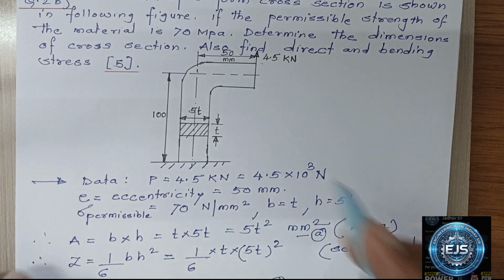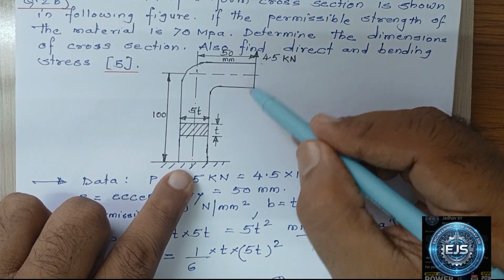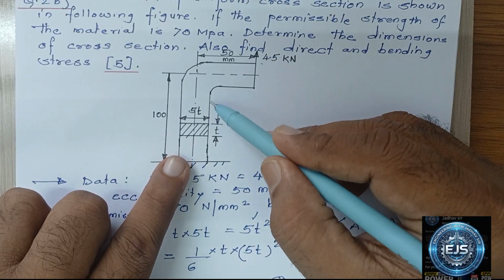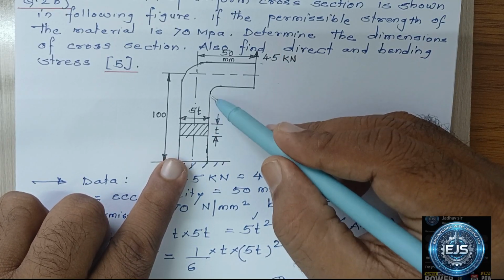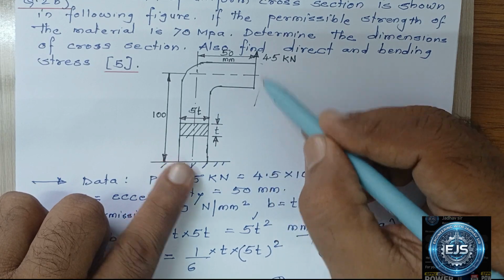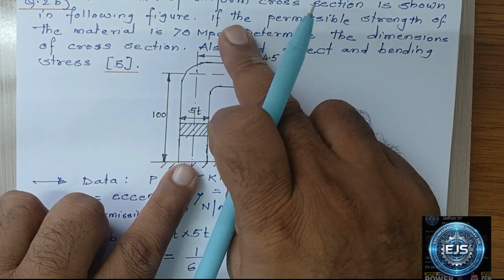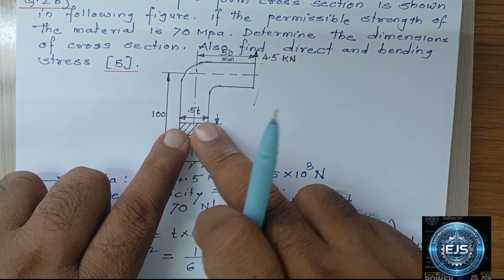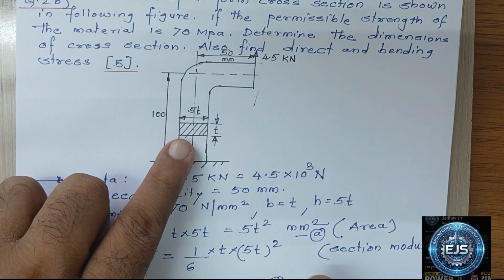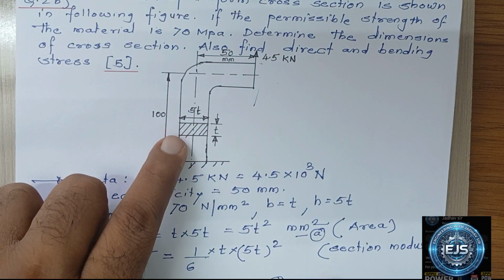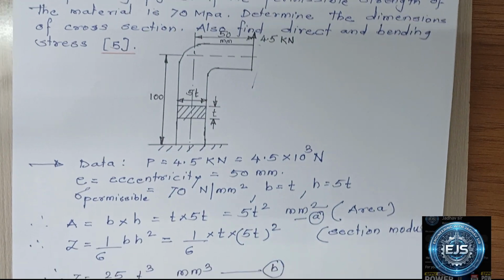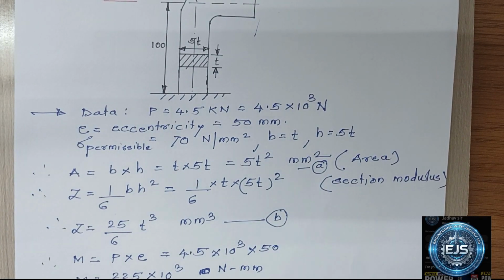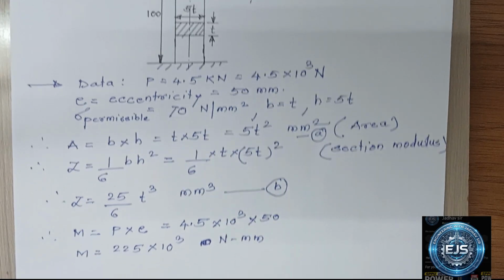Maximum stress will be here because this load is an eccentric load, and when this load acts, direct tensile stress is developed at the inner section. At the inner section, direct tensile stress is developed, and the bending moment is in this direction, anti-clockwise. So this half portion will be subjected to bending stress of tensile nature, and the left half portion of this column is subjected to bending stress of compressive nature. So bending stress and direct stress both are tensile at the inner fiber.